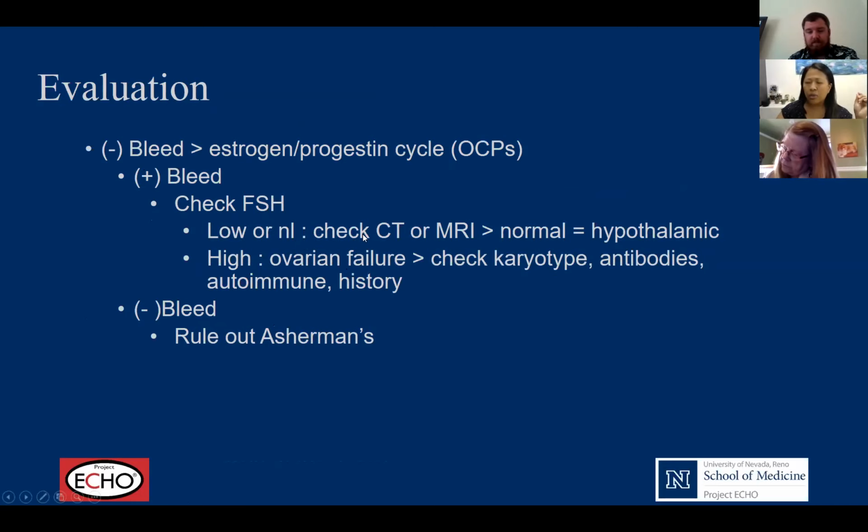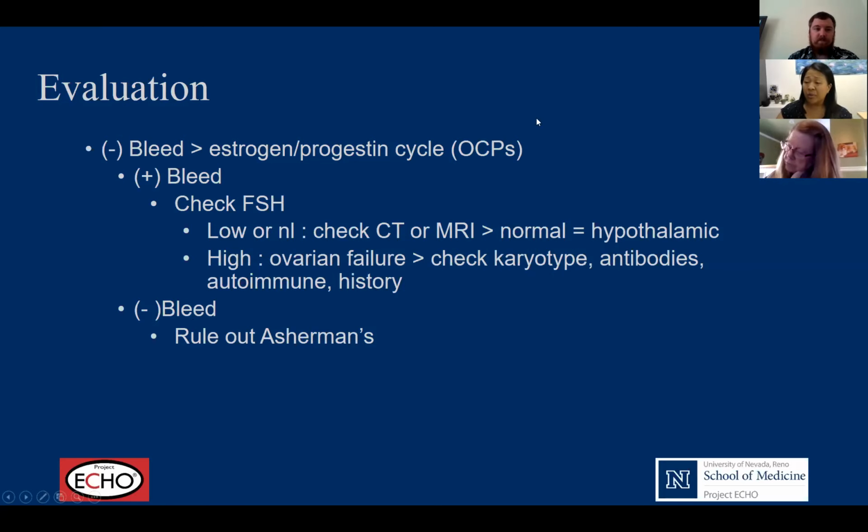In that case, you want to maybe check a CT or an MRI, and it's usually normal. So then you can be reassured it's probably hypothalamic suppression. If the FSH is high, that means the ovaries are not doing what they're supposed to do. Then you want to check other things that we already talked about. Are the ovaries there? Are the ovaries failing? There's a whole other lab work set that you could do with that.